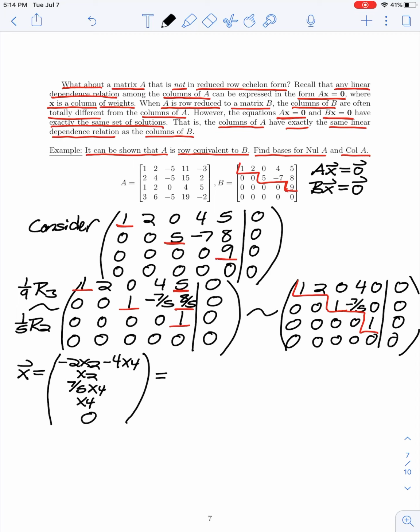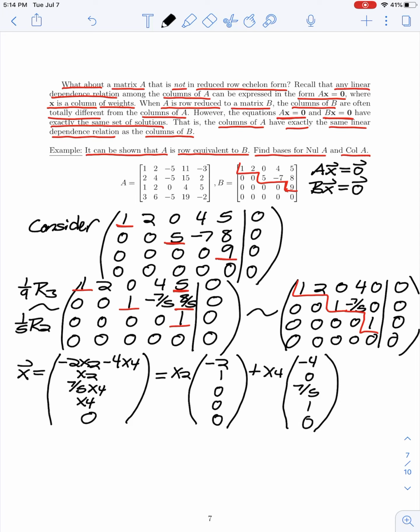So if we rewrite this, we can express this as the free variable x2 times -2, 1, 0, 0, 0, plus the free variable x4 times -4, 0, 7/5, 1, 0.